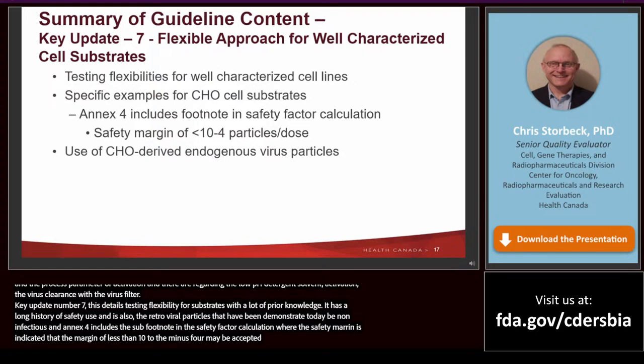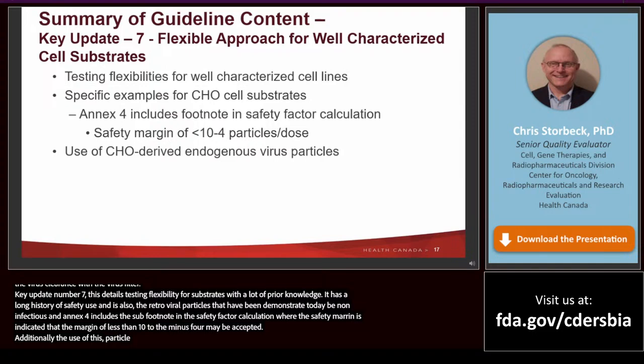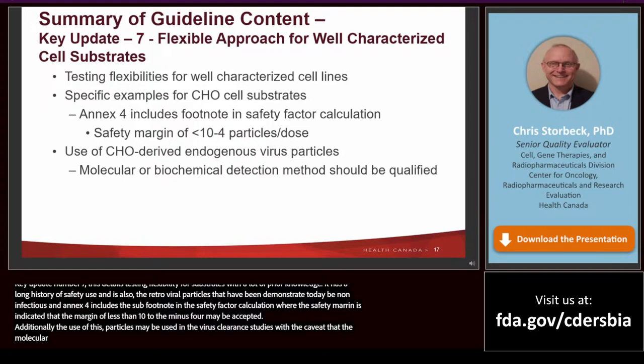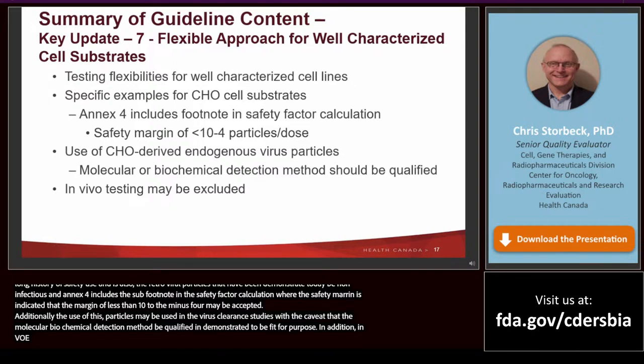Additionally, the use of CHO-derived endogenous virus particles may be used in virus clearance studies, with the caveat that the molecular or biochemical detection method be qualified and demonstrated to be fit for purpose. In addition, in vivo testing may be excluded in certain situations.